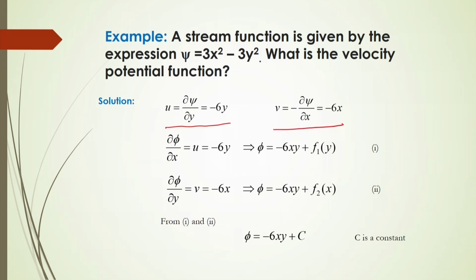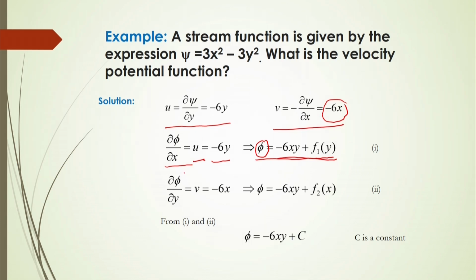Similarly, v will be equal to minus ∂ψ/∂x as per definition, so it will be equal to minus 6x. So, ∂φ/∂x as per the definition of the velocity potential will be equal to u, which is nothing but minus 6y, from which if you integrate it, then you get φ equal to minus 6xy plus some constant, which will be a function of y.